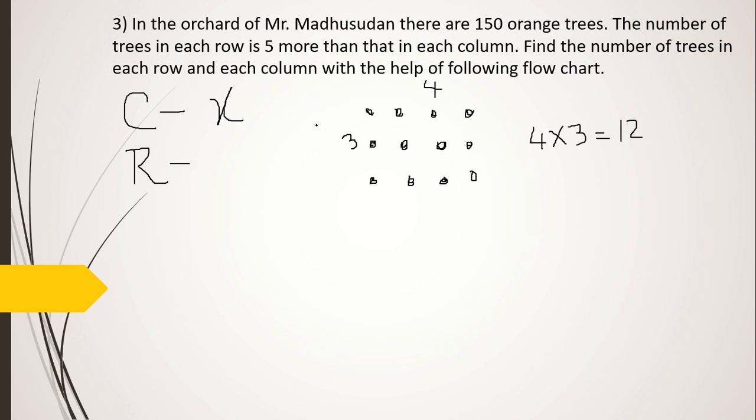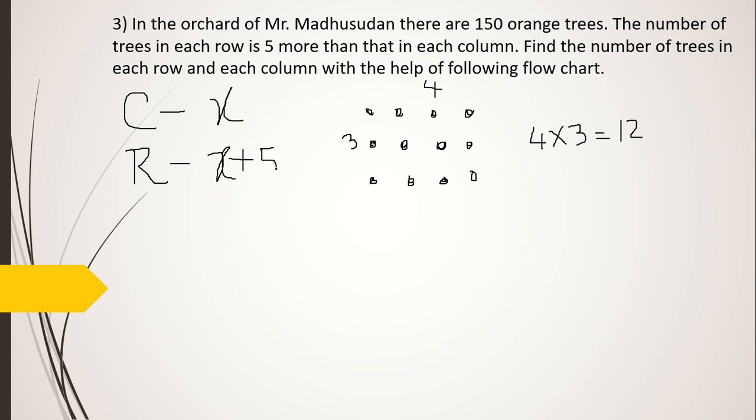See what is given, what condition is given. The number of trees in each row is 5 more. I told you 5 more, 5 less you have to add. Is 5 more than that in each column. Column we have assumed x. So row is going to be x plus 5.